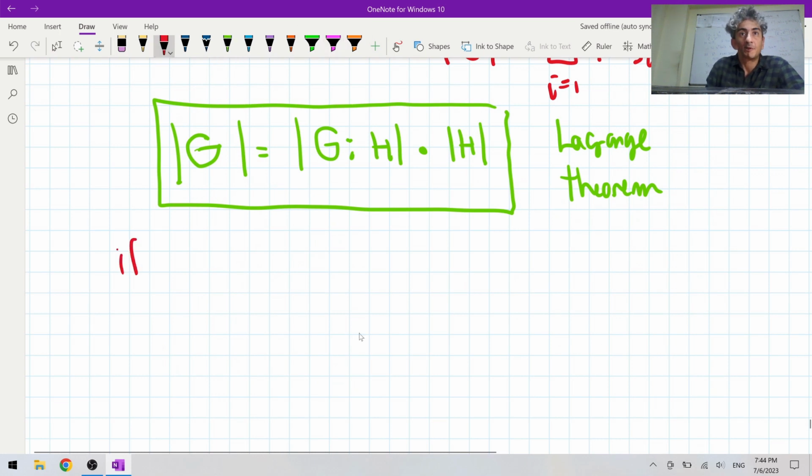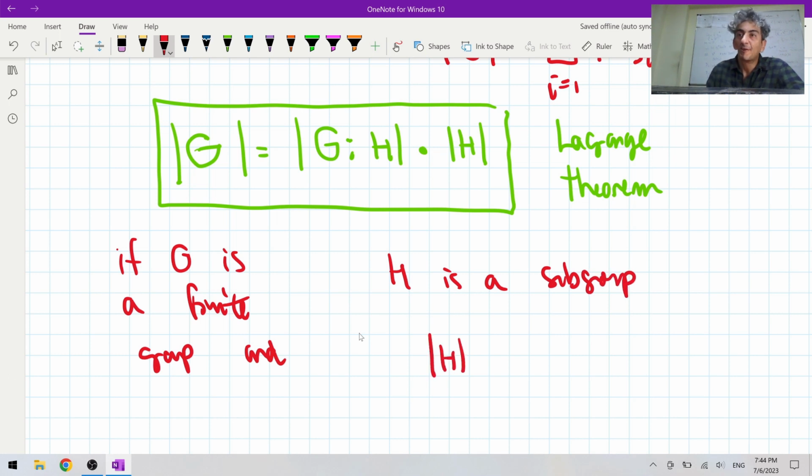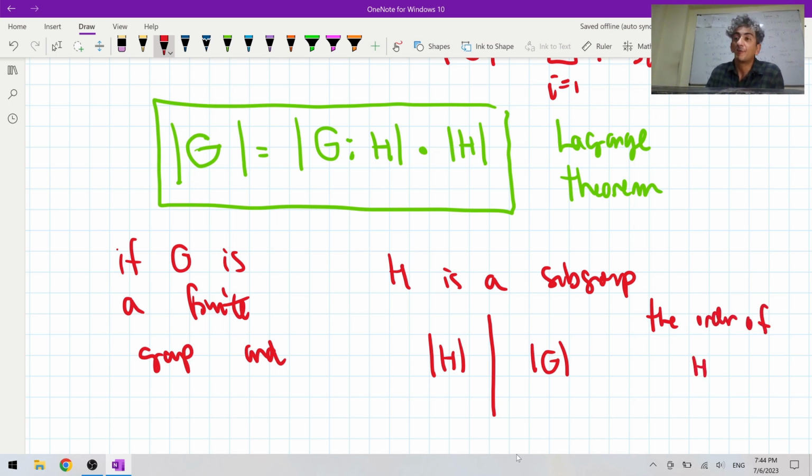If G is a finite group and H is a subgroup, then the order of H divides the order of G.